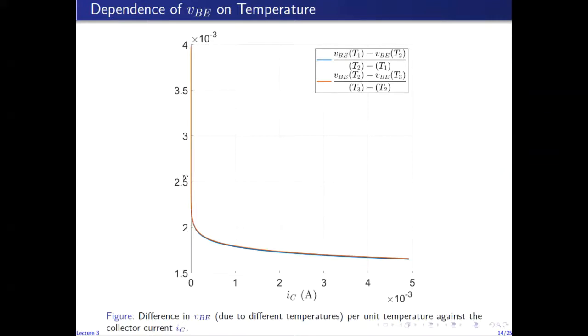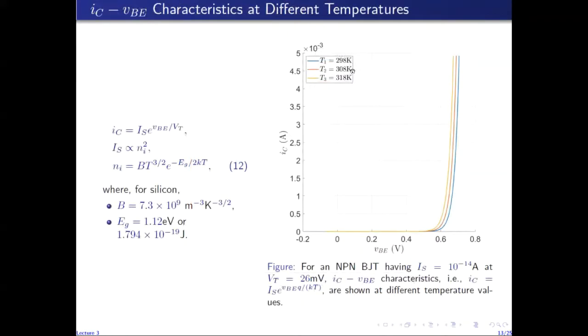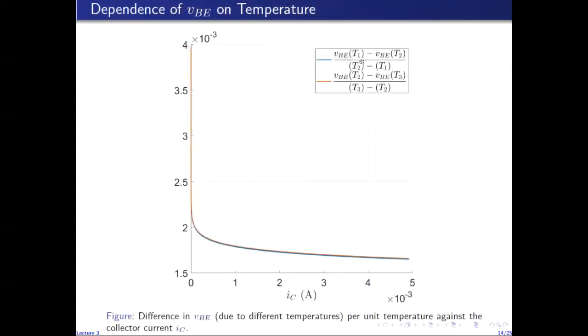Here again, these curves show the decrease in VBE because T1 is smaller than T2. As temperature is changed from T1 to T2, these positive values show that VBE has larger values at T1 than at T2. So increasing the temperature from T1 to T2 results in a positive difference of VBE, which means that VBE decreases by about 1.6 to 1.7 millivolts per degree C.